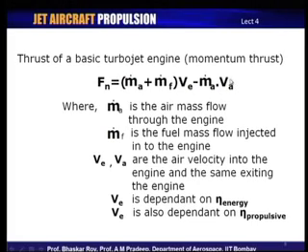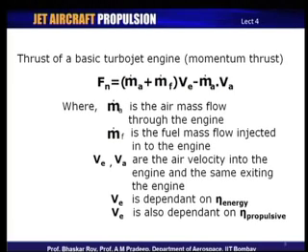Now, as you can see here, these components also are dependent on the parameters that we have defined in the last class. The exhaust velocity V e is dependent on the energy conversion efficiency. So, how much V e is created, which is used for production of thrust, is dependent on the efficiency with which this V e is created inside the engine.